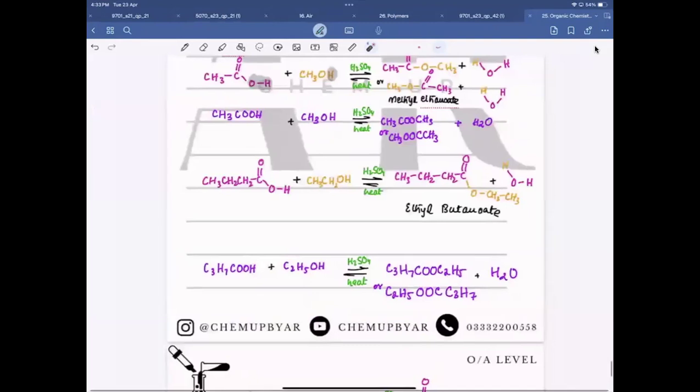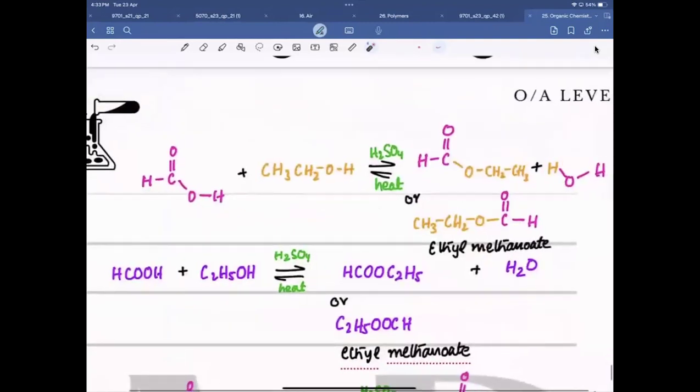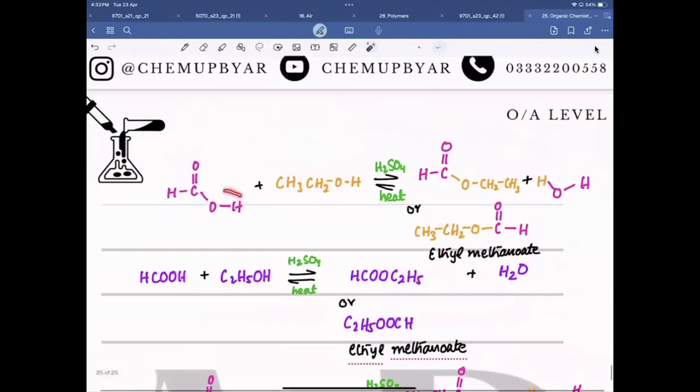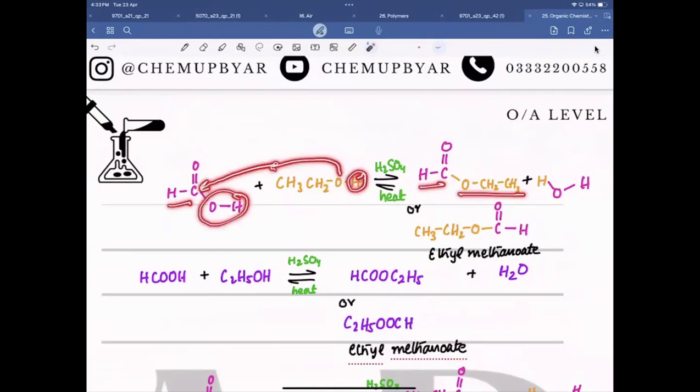Now see, this is a methanoic acid and this is an ethanol, right? So from here OH is removed, from here H is removed. So see, this O, we flip the molecule and this O actually gets bonded with the carbon over here, and the CH2 and CH3 part is flipped.